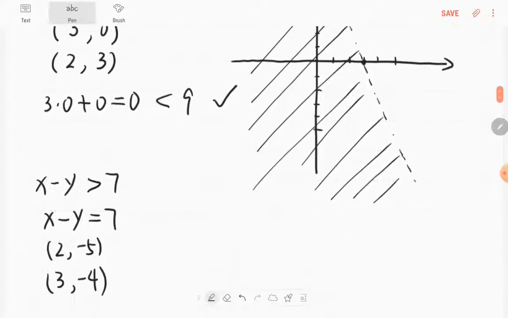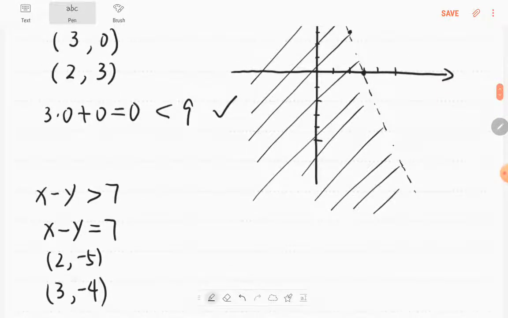So let's locate these 2 points. We use another color, the red color. So 2, negative 5: x equals 2 is here, and negative 5 is here. The other point is 3, negative 4.